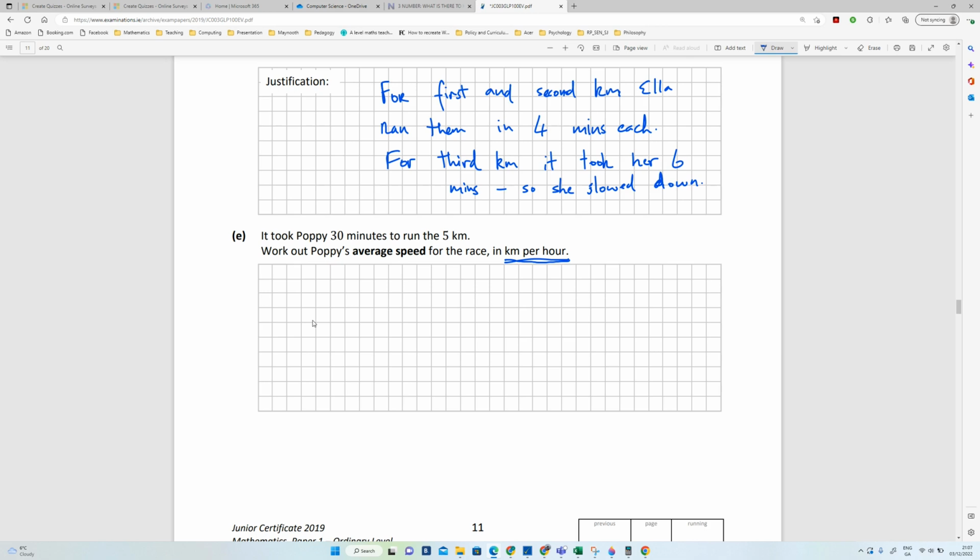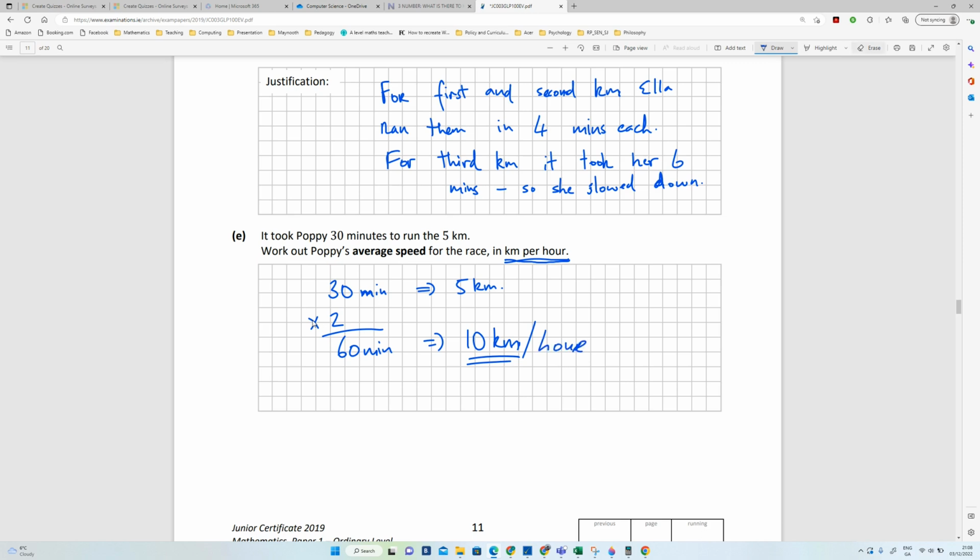So if she did run for an hour, what would she have done here? If it's 30 minutes for 5 kilometers, and there's two 30 minutes in an hour, if we double that, that'll be 60 minutes. So if we double that, we're going to double this as well.